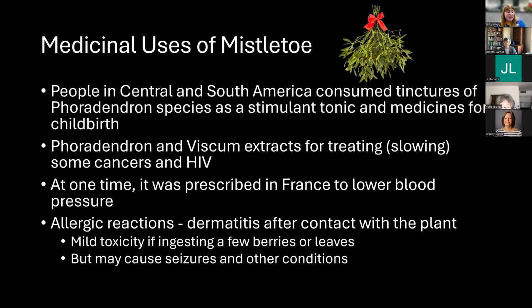Even to more modern times, we have taken chemical extracts, chemical compounds from the phoradendron and viscum genera that we've been mainly talking about. And there have been signs that that could help in treatment of certain cancers and viruses like HIV.